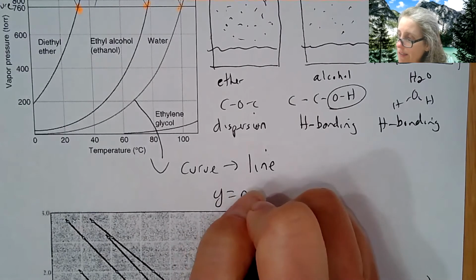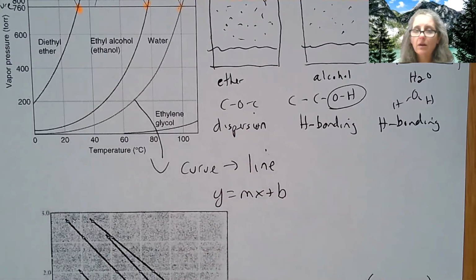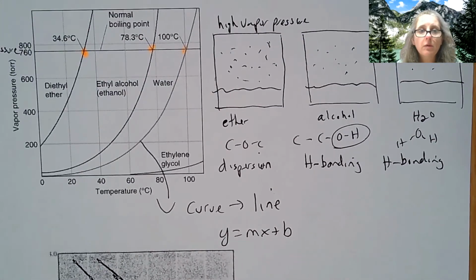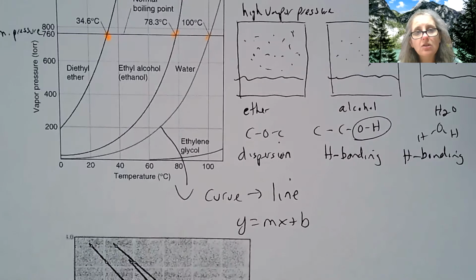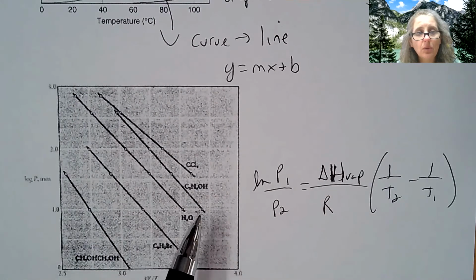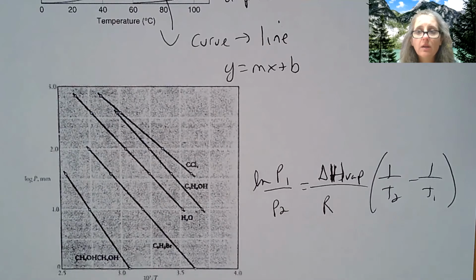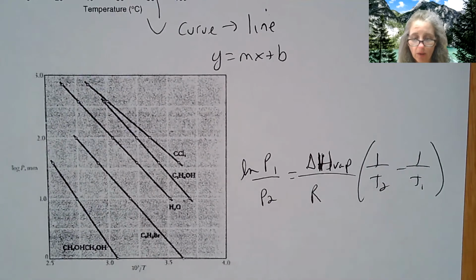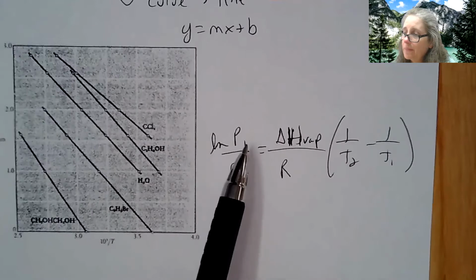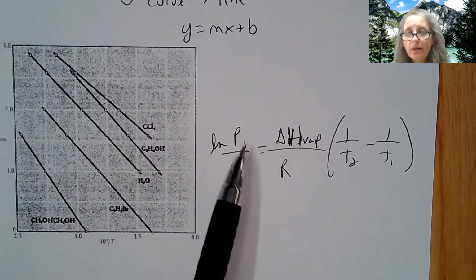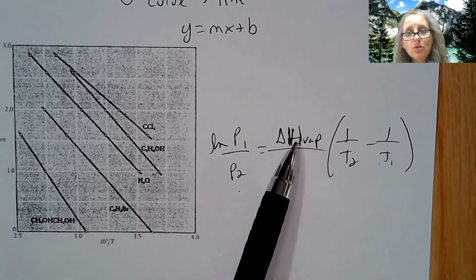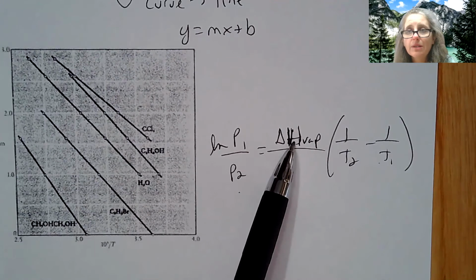So we have y is equal to mx plus b as our form of a line. What we could do is take this curve data and make it into a straight line by taking the natural log of it. This is called the Clausius-Clapeyron equation. Different pressures, with the different temperatures, are going to affect the heat of vaporization.